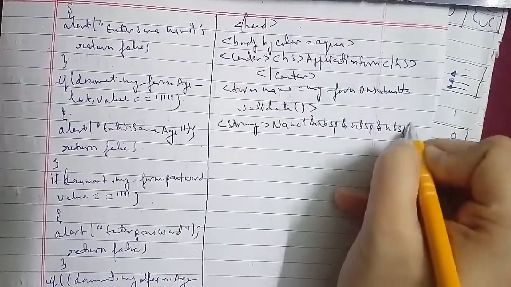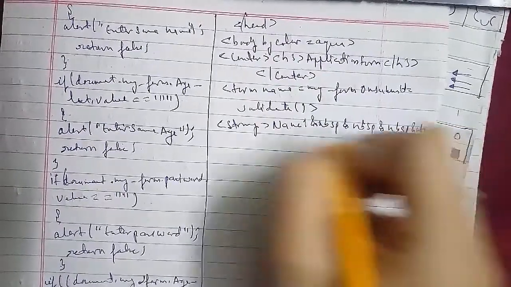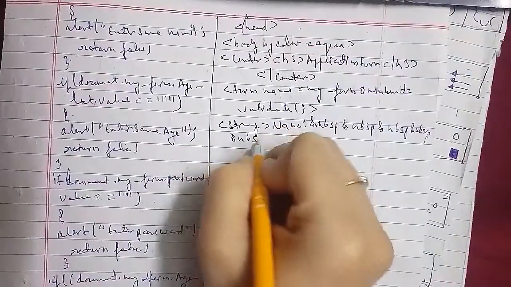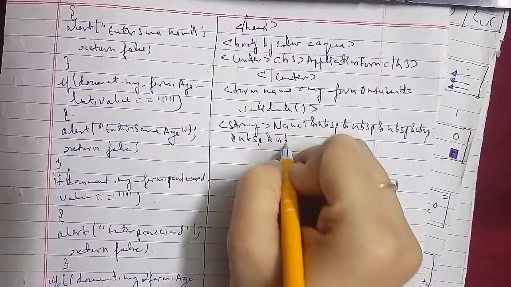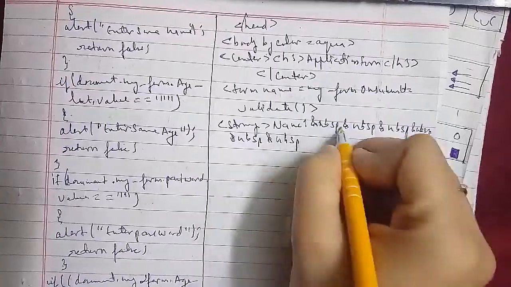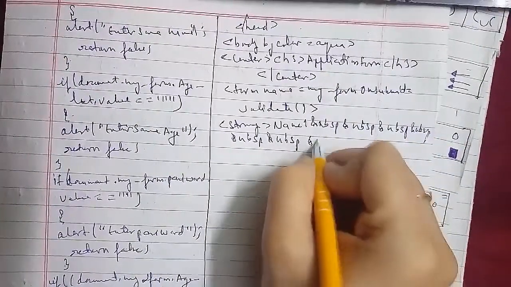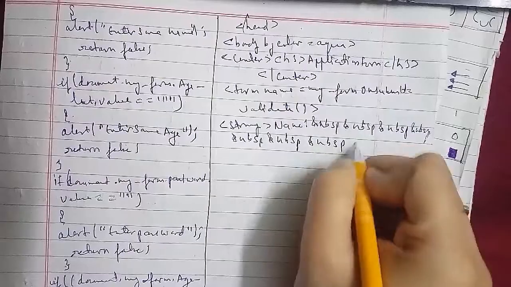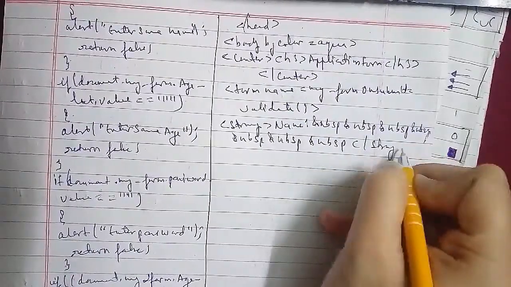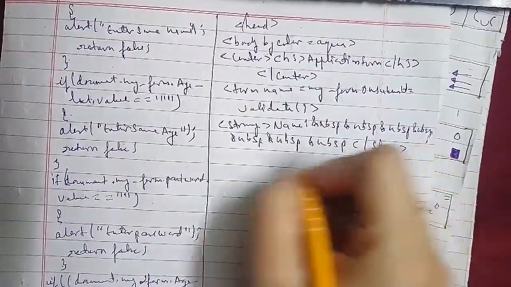Then input type equals to password name equals to password value equals to empty, and then br tag, br tag.